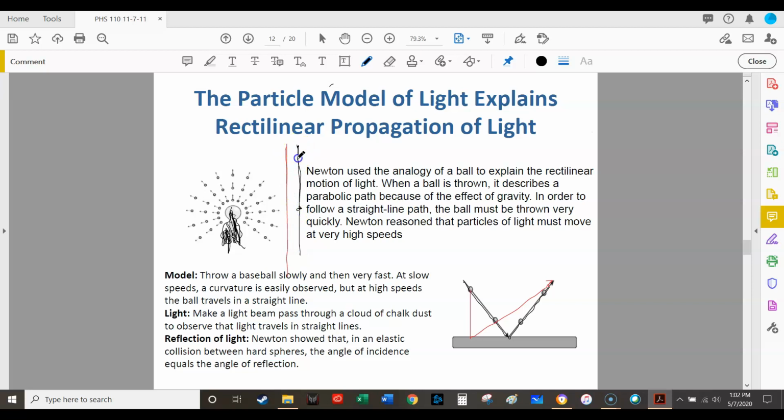Well, if you notice, the path for this from here to here is shorter than the red path, right? So it's not that light takes the path of least resistance, or it takes the shortest, the easiest path, or the straight line path. Really, what's happening is it's taking the path of least time, and so that's why light actually travels as a function of least time versus resistance. Okay.